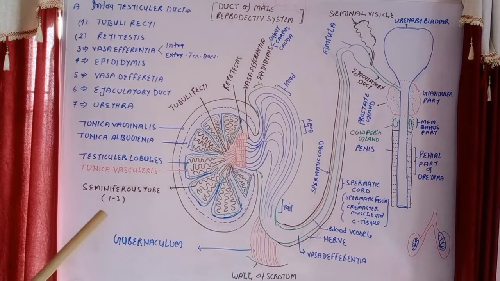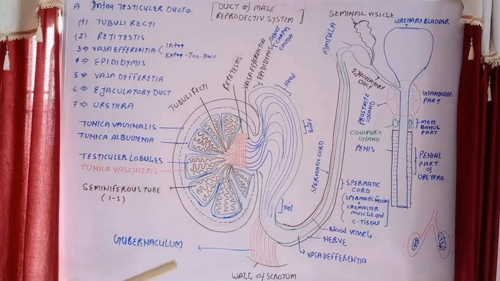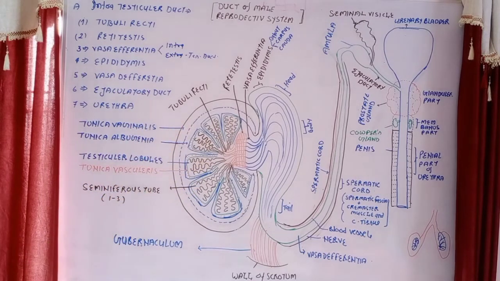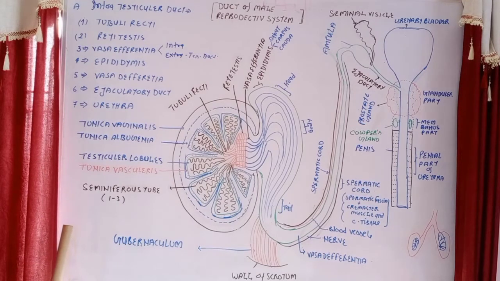Now this is the structure of the testis. In the last lecture I taught you the different layers present around the scrotum and the testis. In the scrotum, first the skin is present, then the dartos muscle, then the external spermatic fascia, then the cremaster muscle, then the internal spermatic fascia.